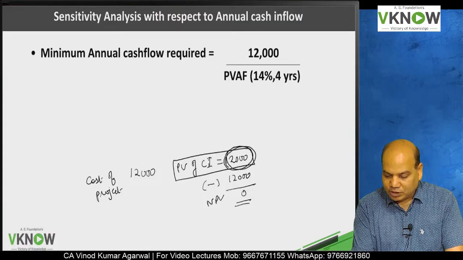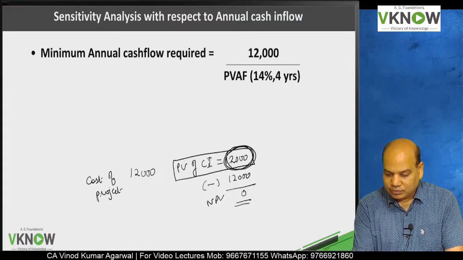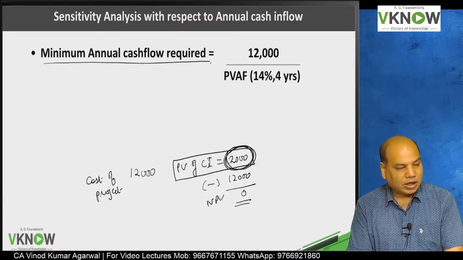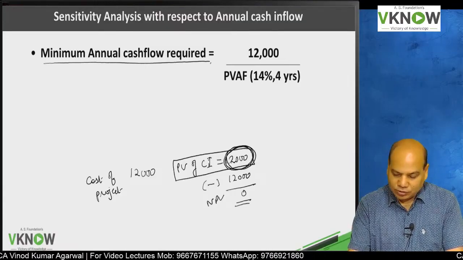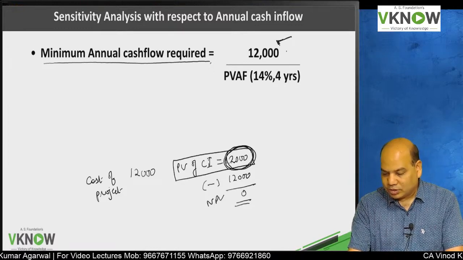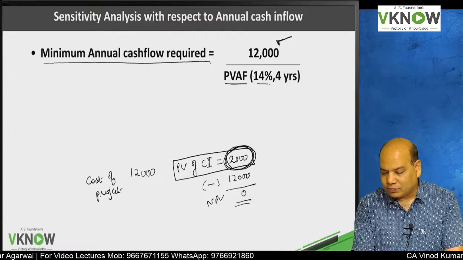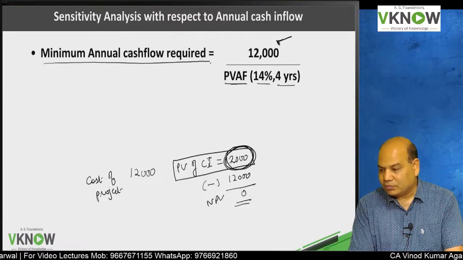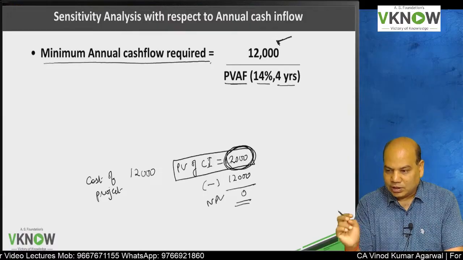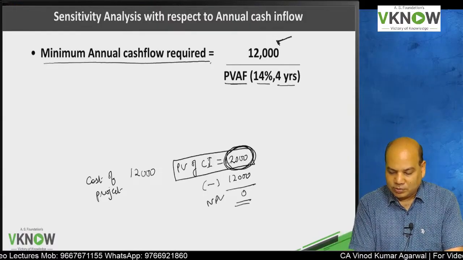So to get the PV of cash inflow of 12,000, how much should be the annual cash inflow? The annual cash inflow will be 12,000 divided by the annuity factor for 14% and 5 years. Then only your present value of cash inflow will be 12,000 and your NPV will be 0.